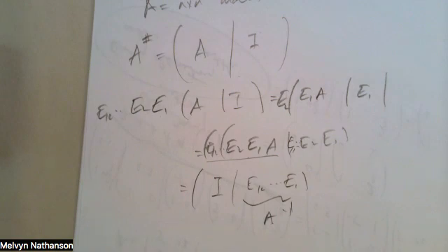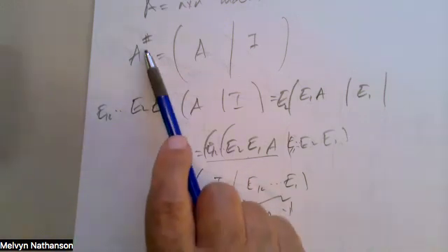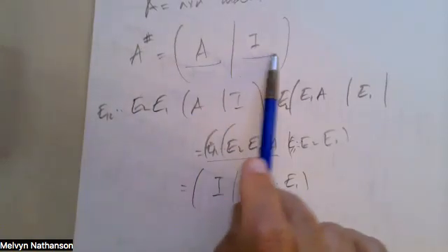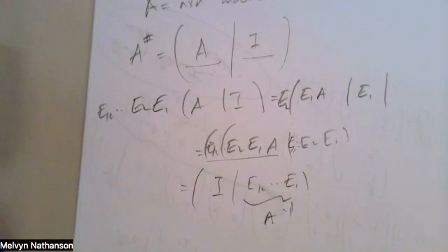And if that reduced row echelon form is the identity, then the product of elementary matrices is the inverse. And in that case, applying those elementary row operations to this matrix A sharp, where I doubled it by writing A as the left half and the identity on the right half, the new result will be the identity on the left half and the inverse of A on the right half.